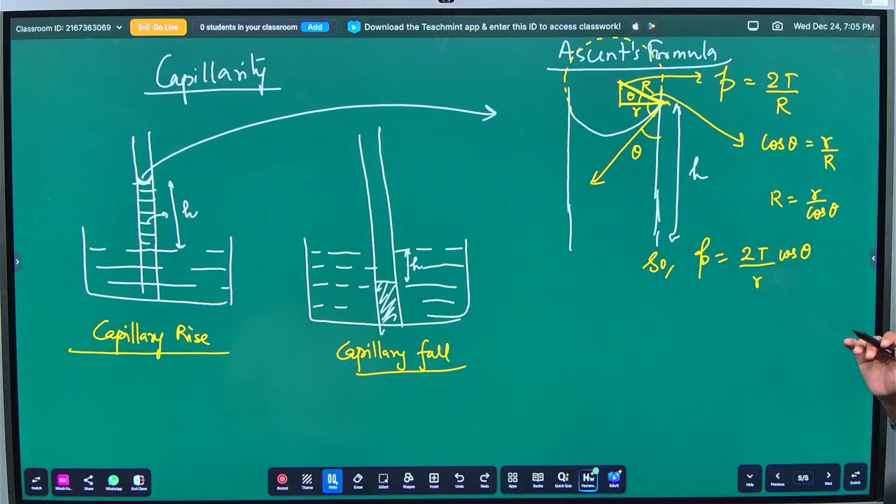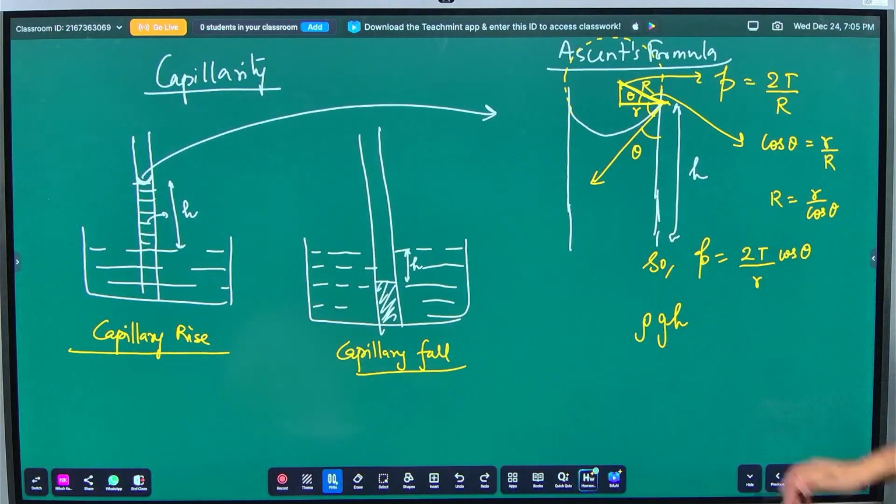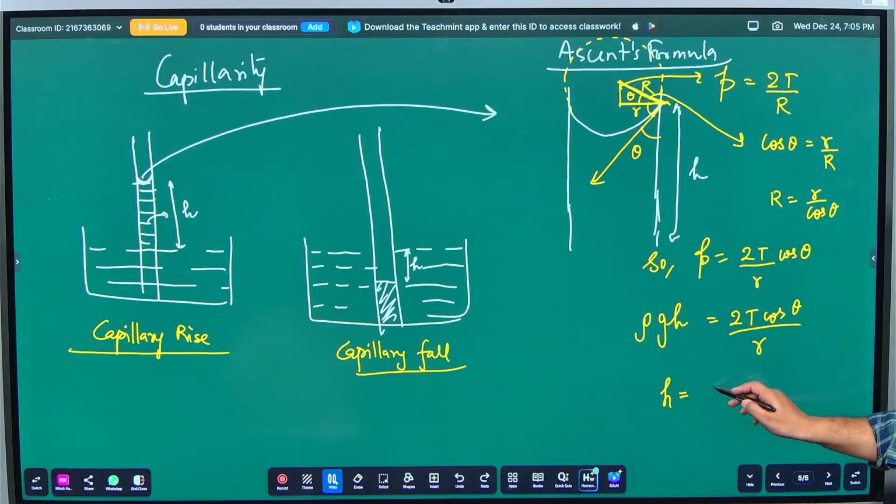So we know that pressure is also equal to rho g h, isn't it? So rho g h is equal to 2T cos theta by r. From here you get the height by Jurin's formula, 2T cos theta by r rho g.